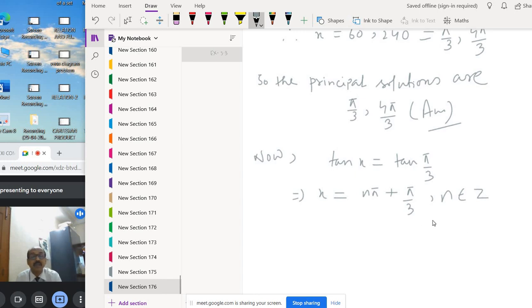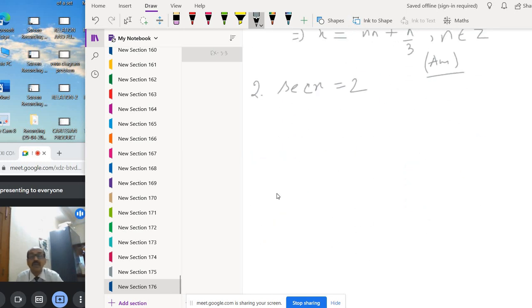This is another answer, general solution. Okay, see question number 2. Question number 2 is sec x equal to 2.